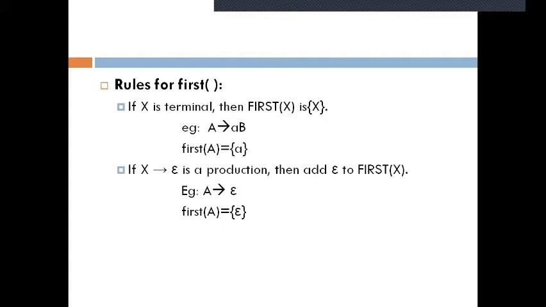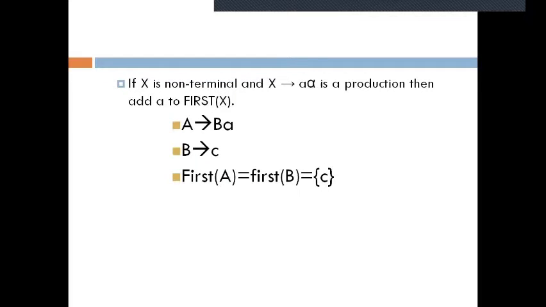So you have to write the first value of A is a. And if x derives empty, then the first of x value is empty. For example, if we are having a production A derives empty, what is the first value of A? The first value of A is empty. This is the second rule.